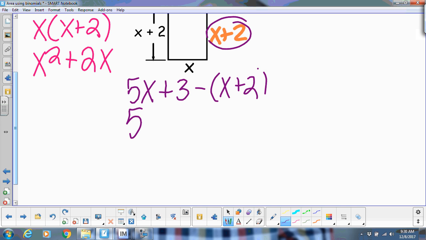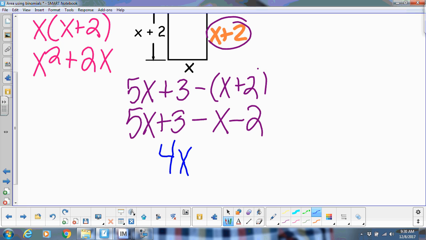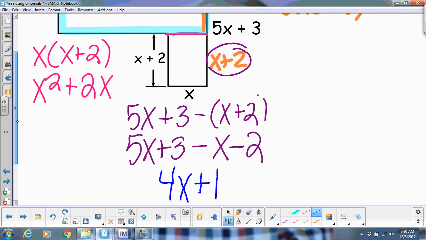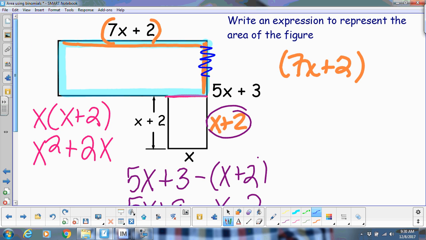Distribute that negative, so that gives me 5x plus 3 minus x minus 2, which gives me, what is my total there? 4x plus 1. 3 minus 2 is positive 1. Okay? So 4x plus 1 is this segment right here. So that's what goes here.